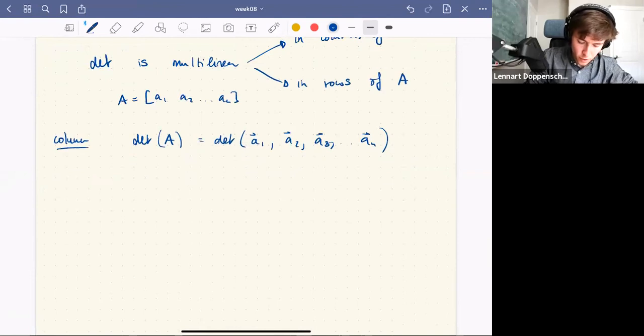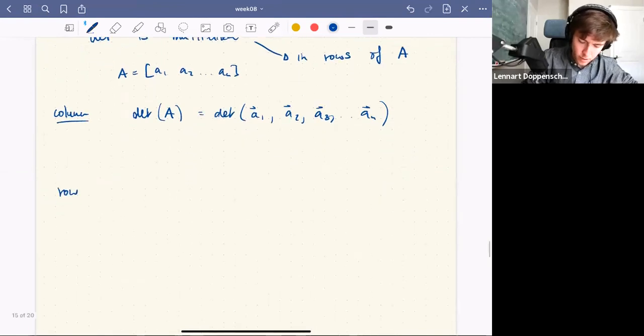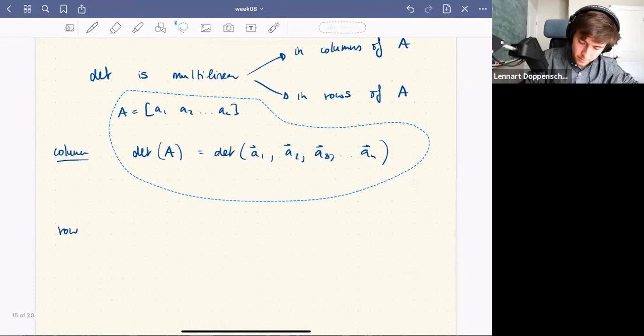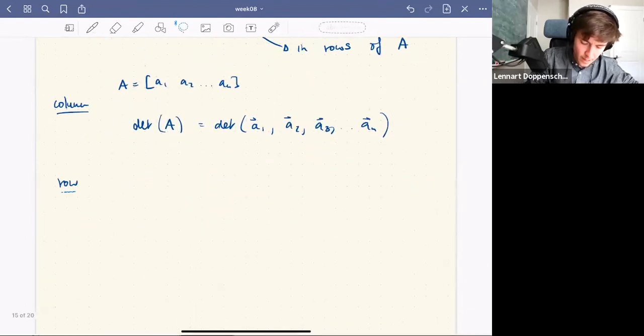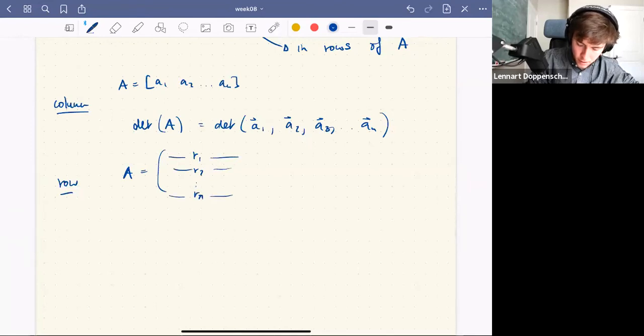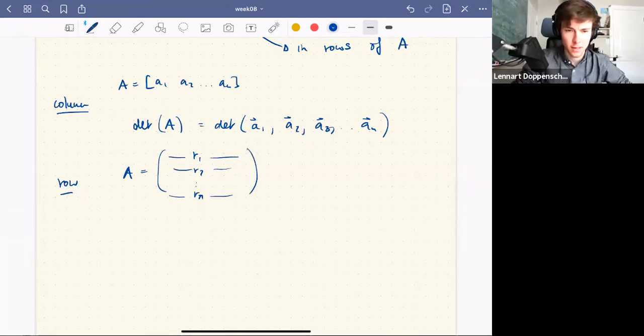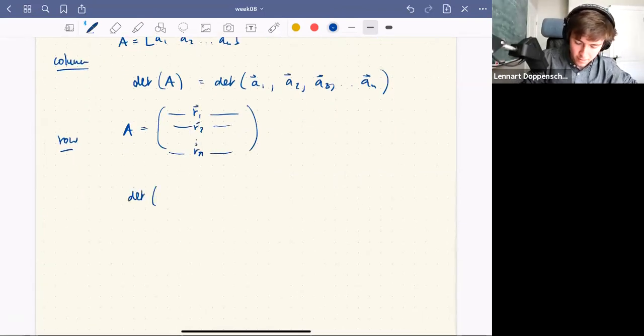But we could also have chosen the row perspective, and then we would have said, well, let us think about A in terms of its rows. You can already tell this notation is not as nice. And then the determinant can be thought of as a function depending on the first row, the second row, and the last row.